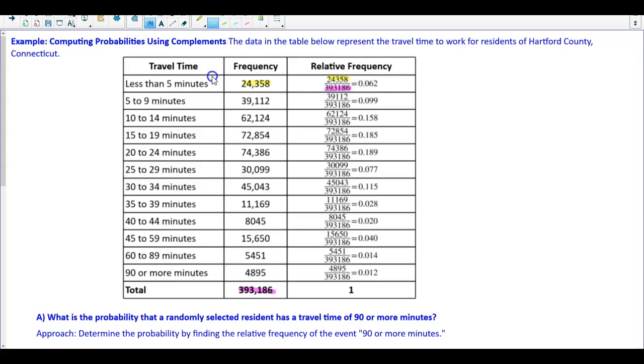The probability that the travel time is less than 5 minutes is somewhere around 0.062 or 6.2%. Likewise, the probability of travel time to be 5 to 9 minutes would be 0.099 or 9.9%.